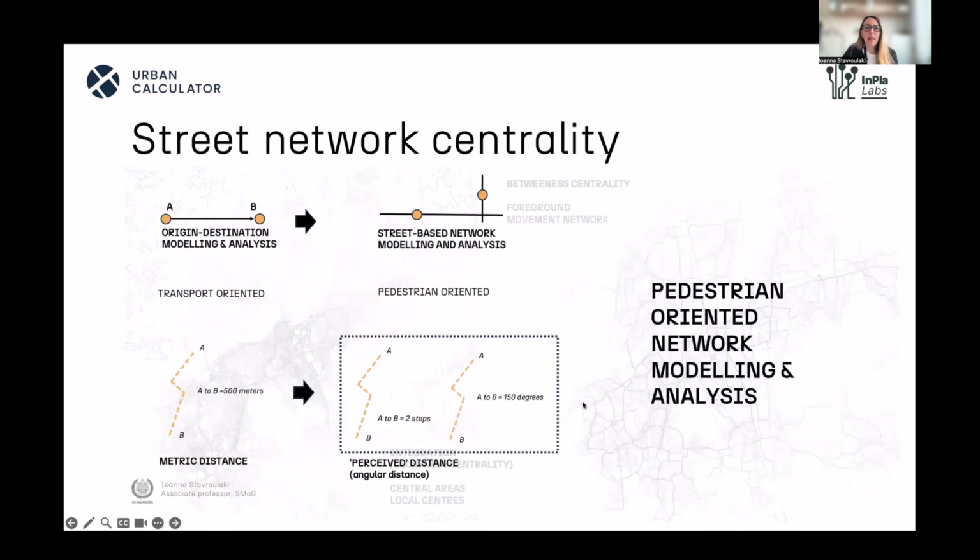Like I said, this is a pedestrian-oriented network modeling and analysis. It is a street-based network. The street is the key. The street is the node in the network analysis.